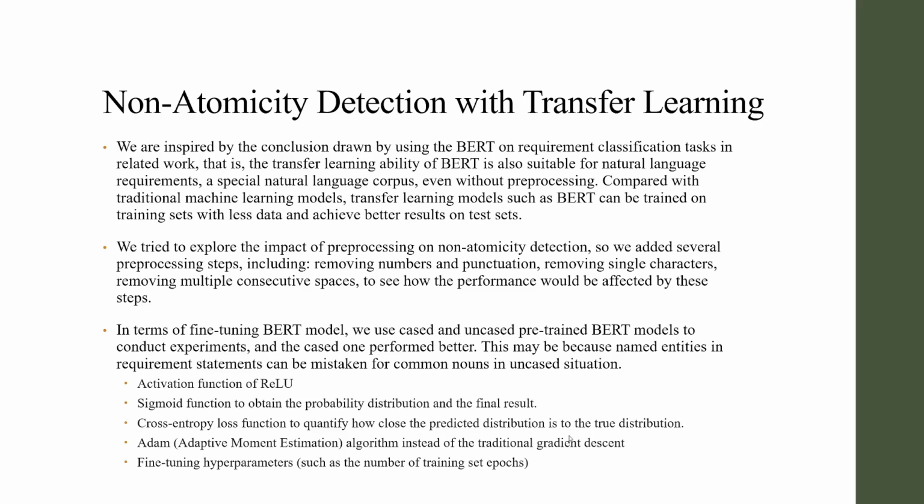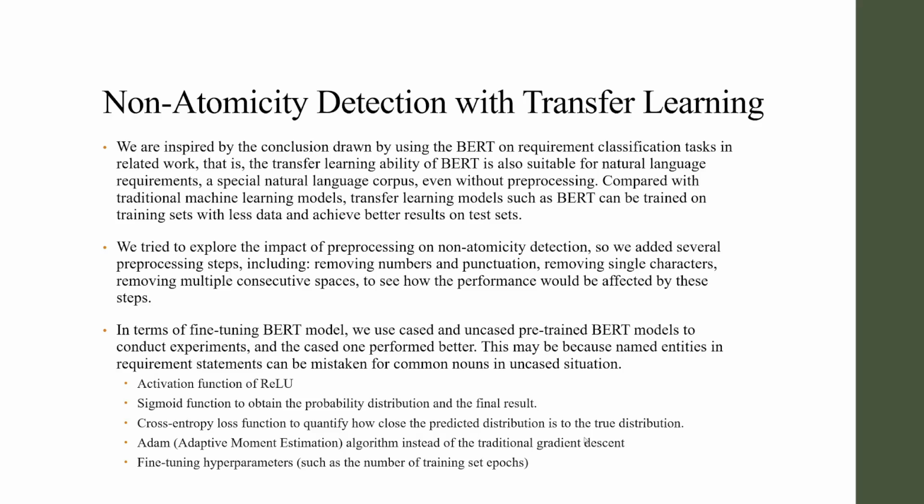For the hidden layer, we used the activation function ReLU. For judging whether the requirement statement contains non-atomicity defects, we used the sigmoid function to obtain the probability distribution and the final results. During training, we used a cross-entropy loss function to quantify how close the predicted distribution is to the true distribution.